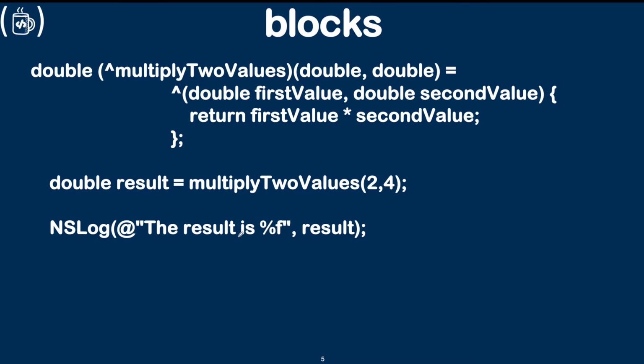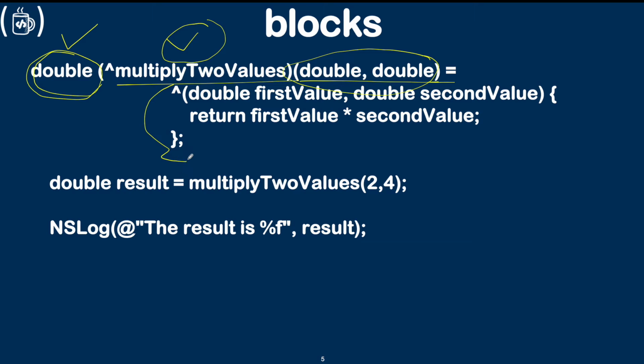So here are the different parts of that one. So this one is the block's first part, that is return type. This one is the block's second part, that is the block's name. And here the block's third part is the block's parameters. But this part is the statement, the code you are executing.